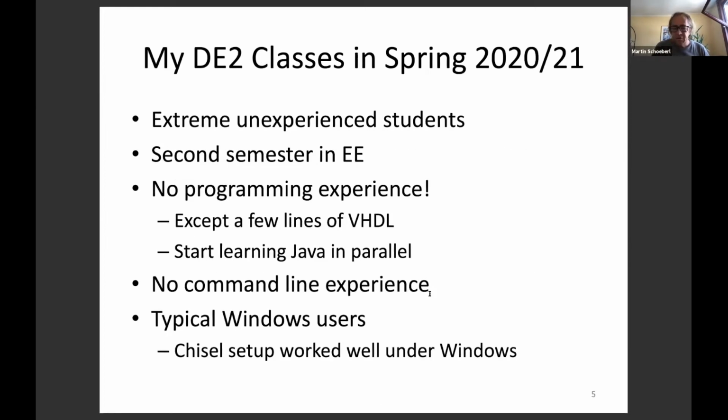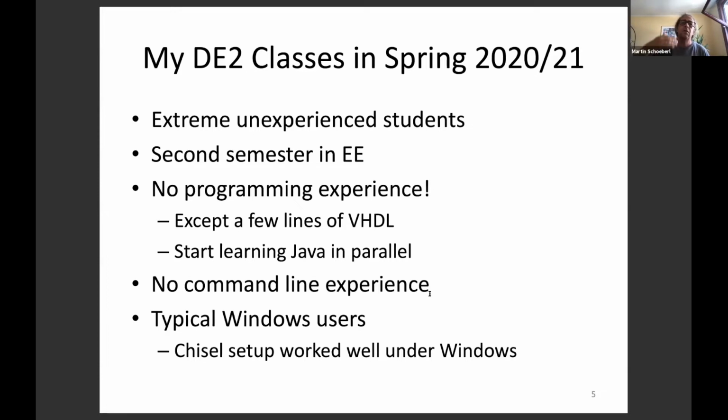So my Digital Electronics 2 class in spring 2020-21, it's kind of a very early class. So it's quite inexperienced students related to computer science, to programming, to everything. So it's a second semester in electrical engineering. They had no programming experience at all, except writing a few lines of VHDL.